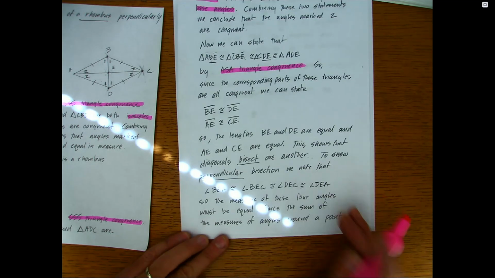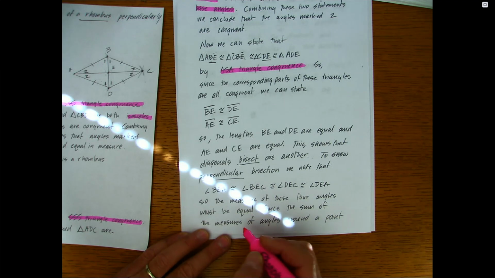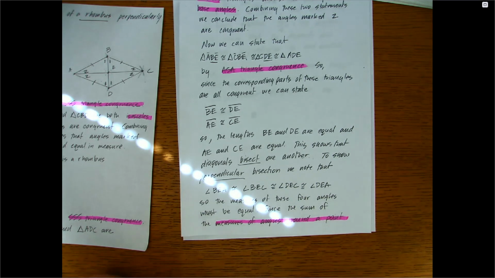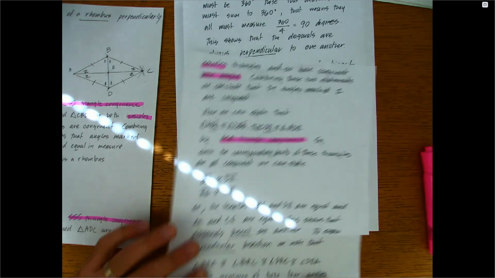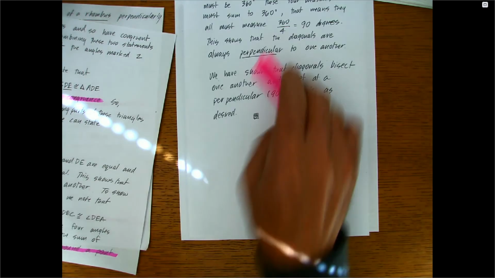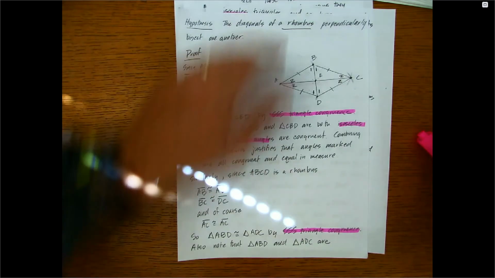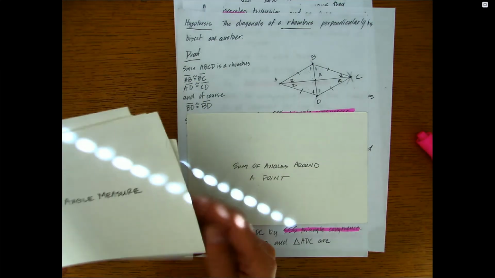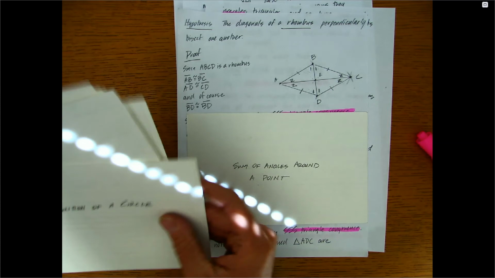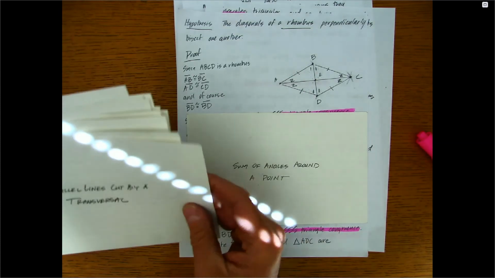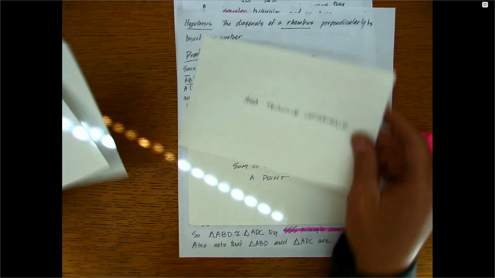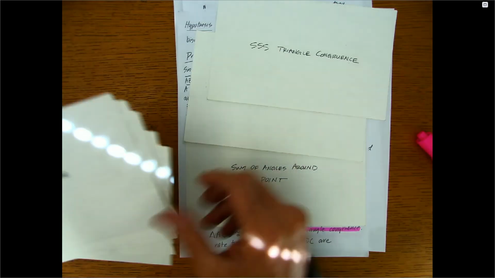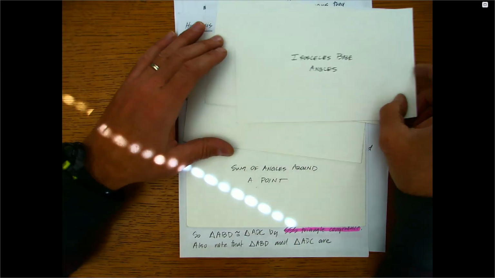But then we also used measures of angles around a point, so the definition of a full rotation being 360, and that led to the perpendicular. So if we go back and look at the prerequisites: sum of angles around a point, angle side angle, side angle side or side side side, and isosceles base angles.